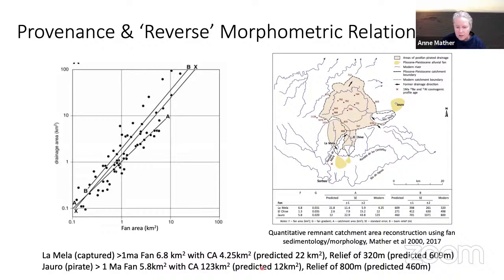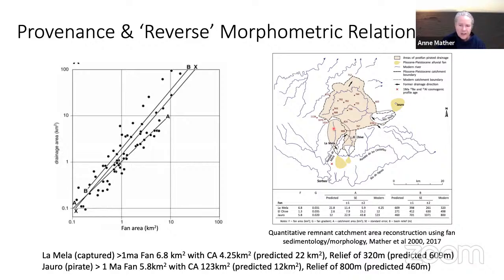We could quantify that, and I've put a summary at the bottom of the screen in case you can't read it. We could go some way to quantifying the amount of capture that had happened after deposition of this fan, in sediments that are, as I say, more than 1 million years old. So in this case, the fans help us quantify changes in the catchment areas, these mountain catchments up here.